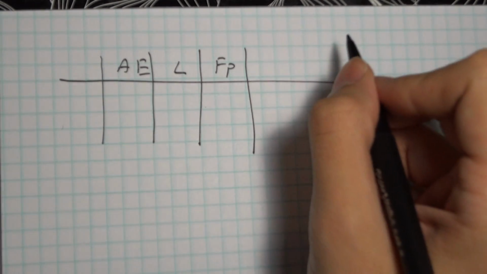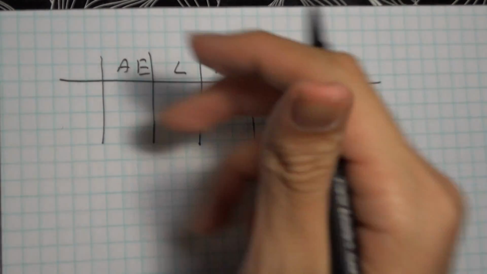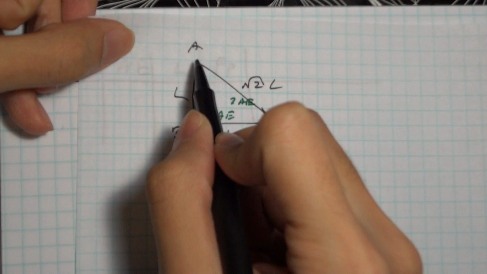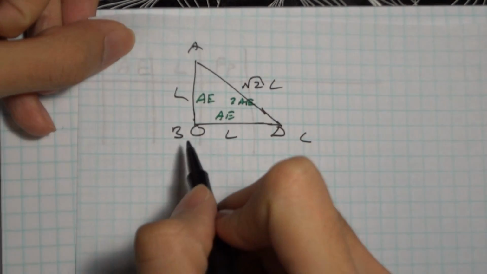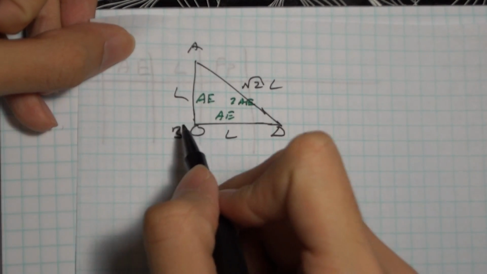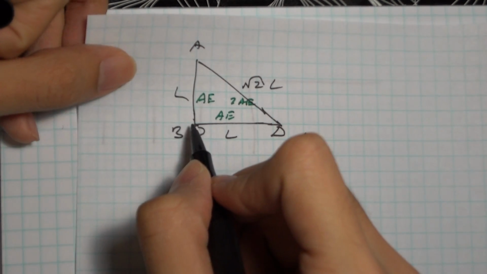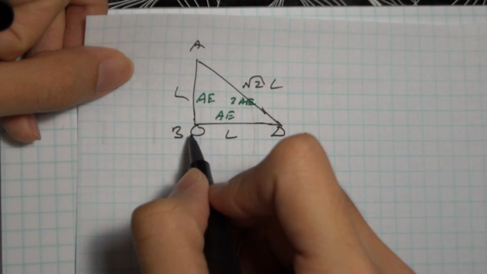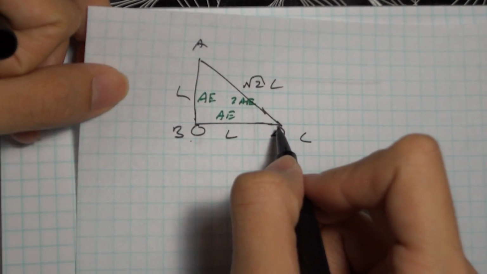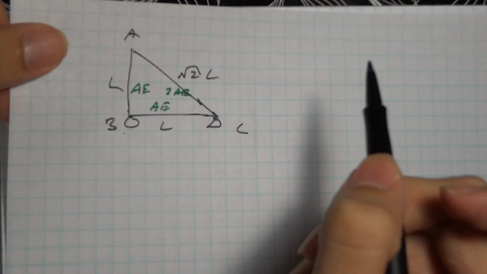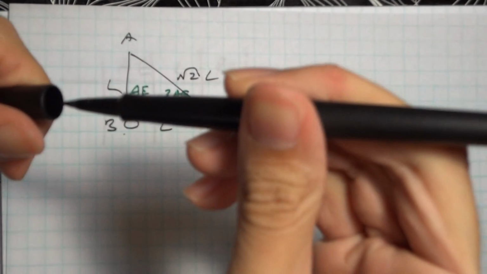Notice how I have 3 degrees of freedom. This point can move in the X direction or it can move in the Y direction. This point can only move in the X direction because the roller prevents translation in the Y direction, and the pin here prevents translation in both directions. So I only have 3 possible points that can move. So let's find the deflection of all 3. Sorry, I forgot to put my load on here.